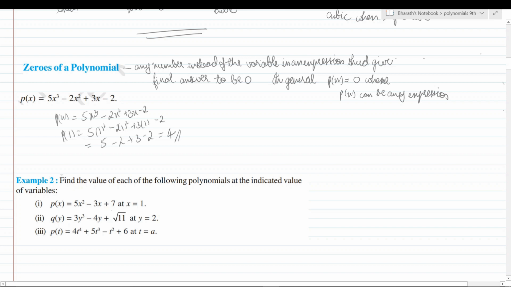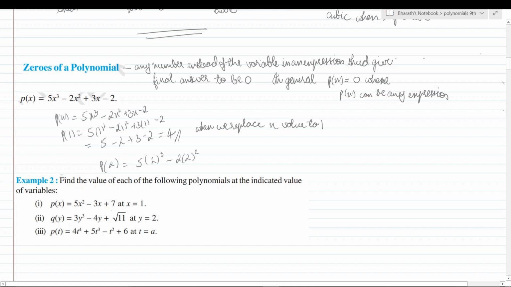So this is the final answer when we replace x value to 1.